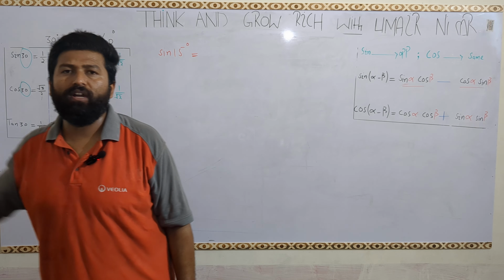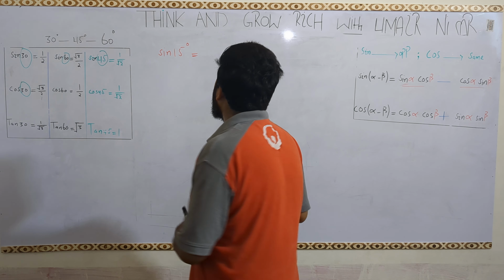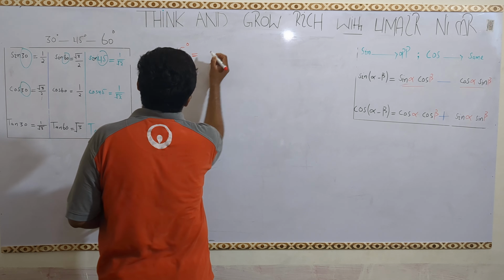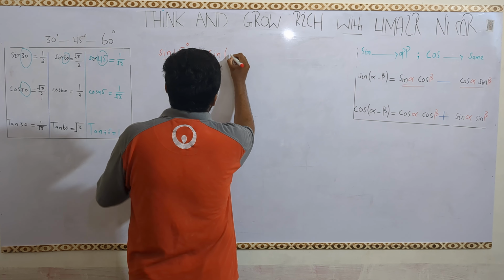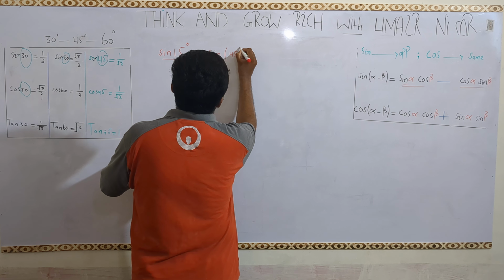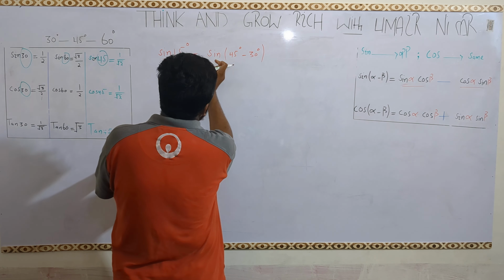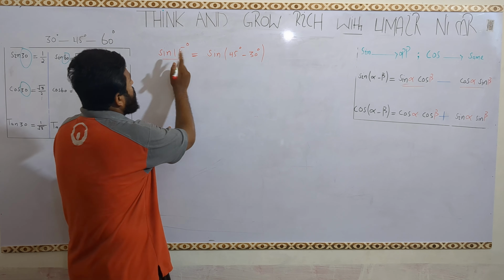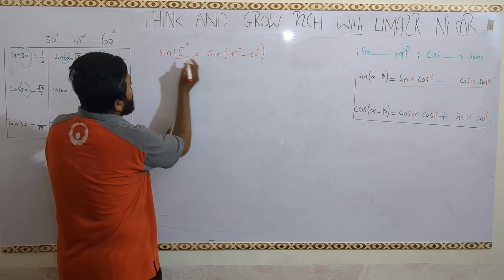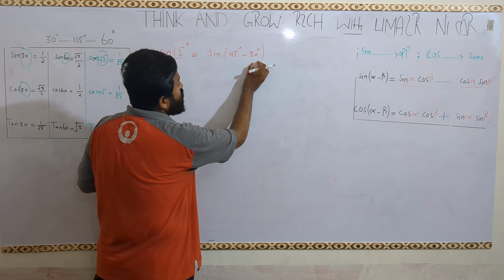There are formulas, and first of all we come to the formula. We can write sine 15 as sine of 45 minus 30. The question is, why do we write this? We can also write 15 as 30 minus 15, but we do not.